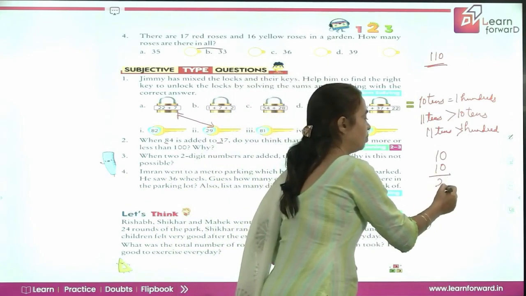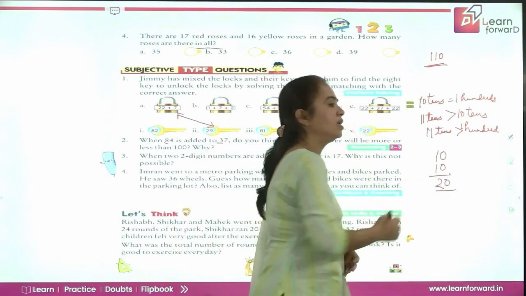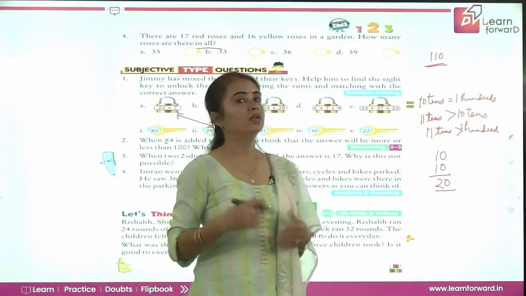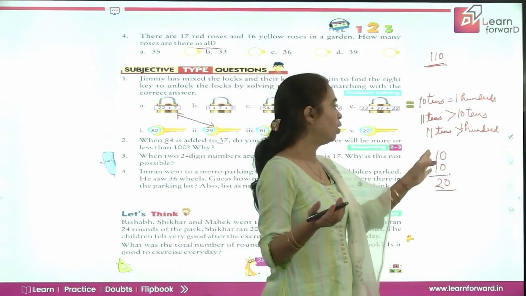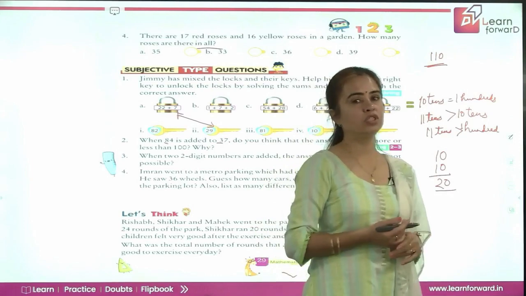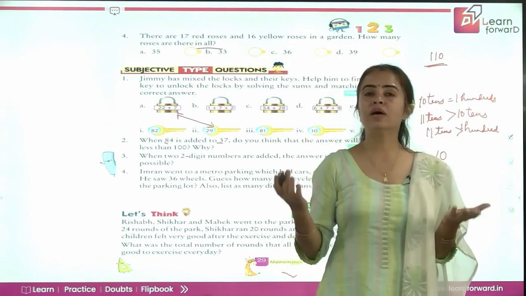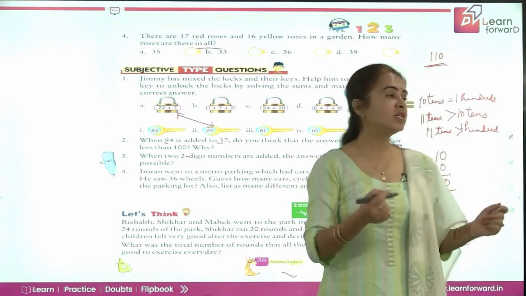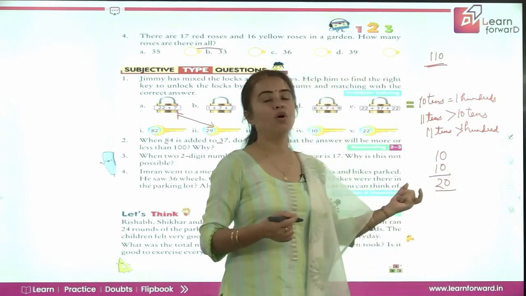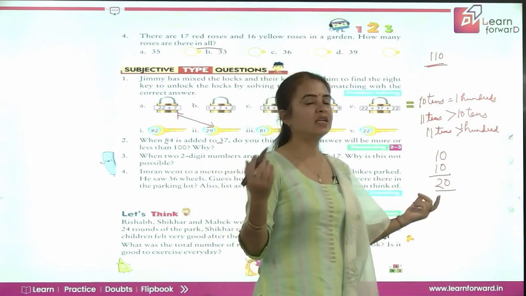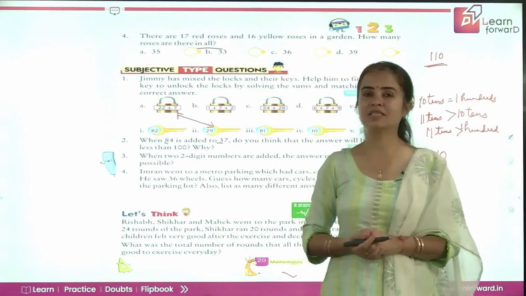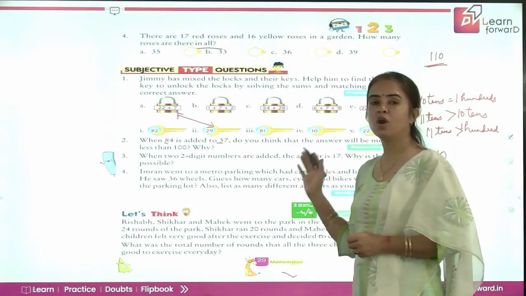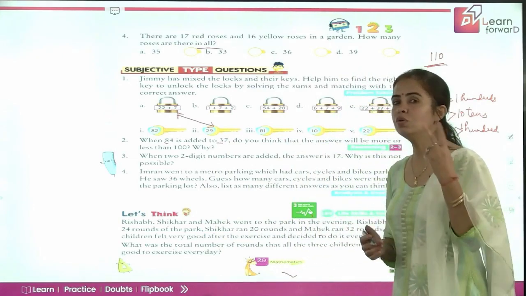So, can you imagine how this 20 can be 17? It's not possible because even on adding the smallest two-digit numbers 2 times, you are getting the sum 20. That means this is the smallest sum of two-digit numbers and it cannot go less than it. So 17 cannot be the sum of two-digit numbers.